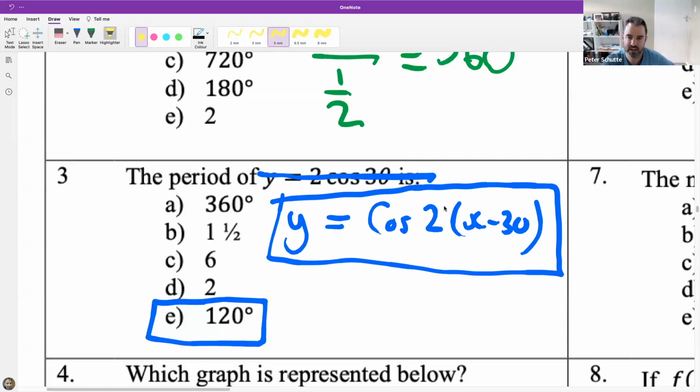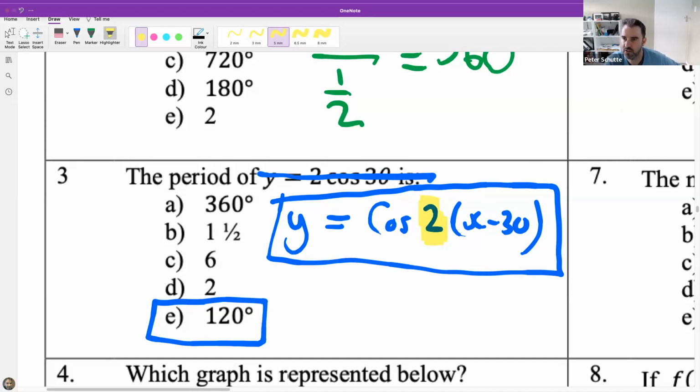So if you were given a trig function like this, this is the number that you would divide by. This is the period change number, and then the minus 30 is the horizontal shift. And if you combine a period change with a horizontal shift, then the number isn't exactly next to x. It's just outside the bracket. So Clamelo, just let me know if that answers your question.